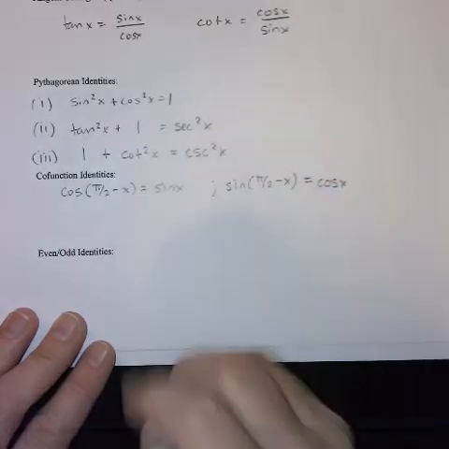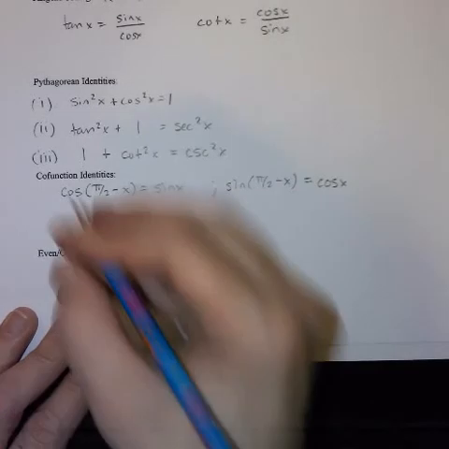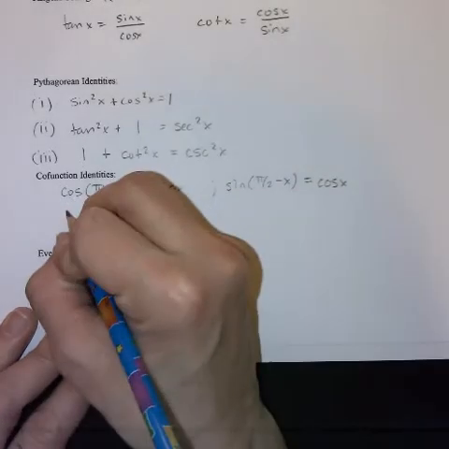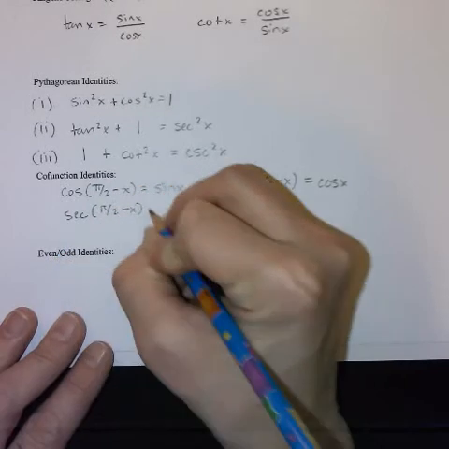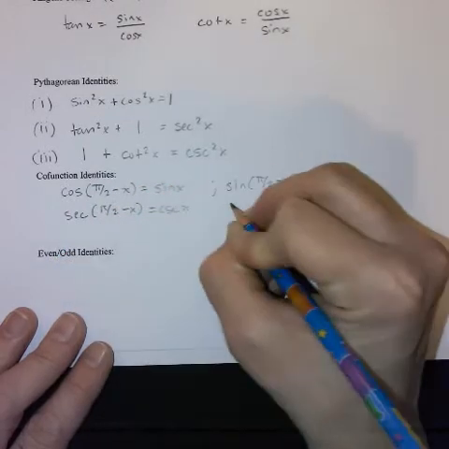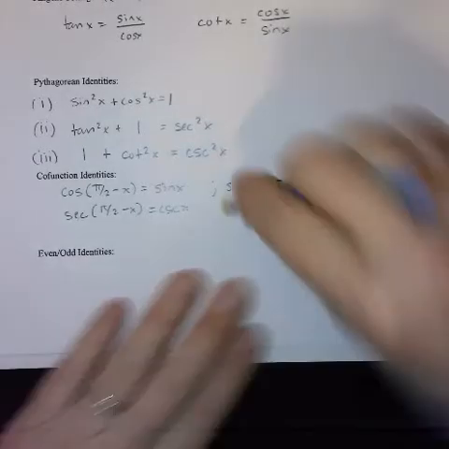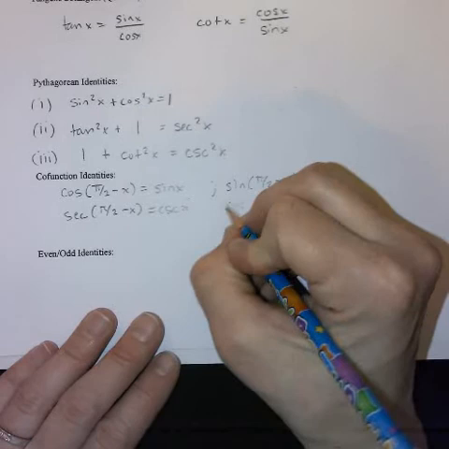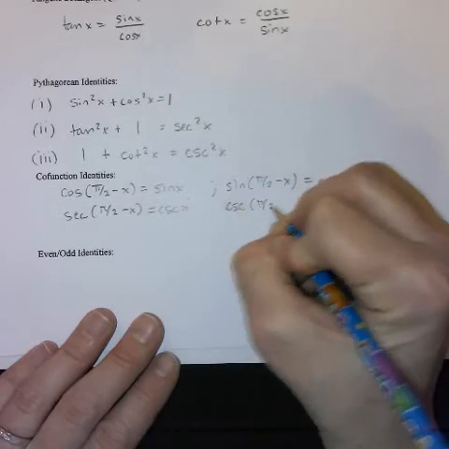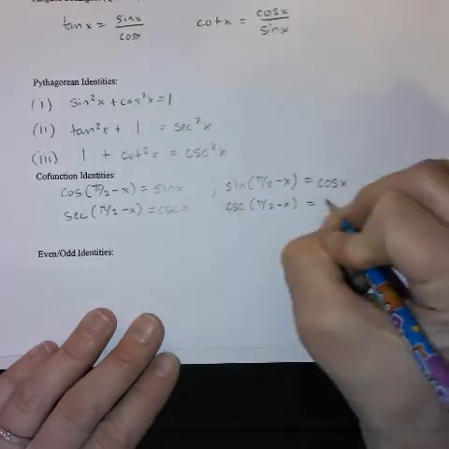So sine and cosine are cofunctions. Secant and cosecant are cofunctions. So secant of pi over 2 minus x equals the cosecant of x. Cosecant, not cosine. Cosecant of pi over 2 minus x equals the secant of x.